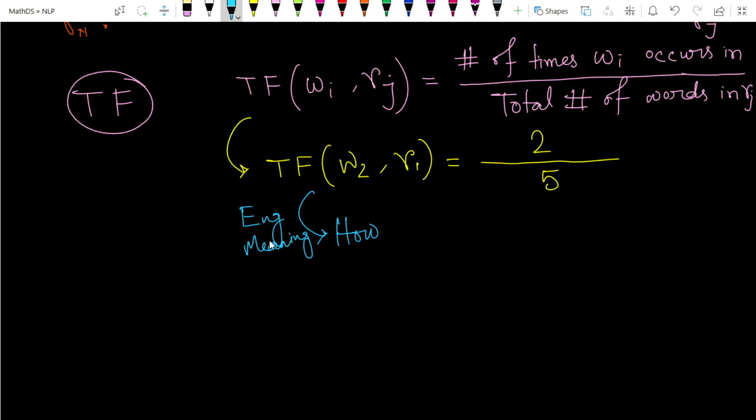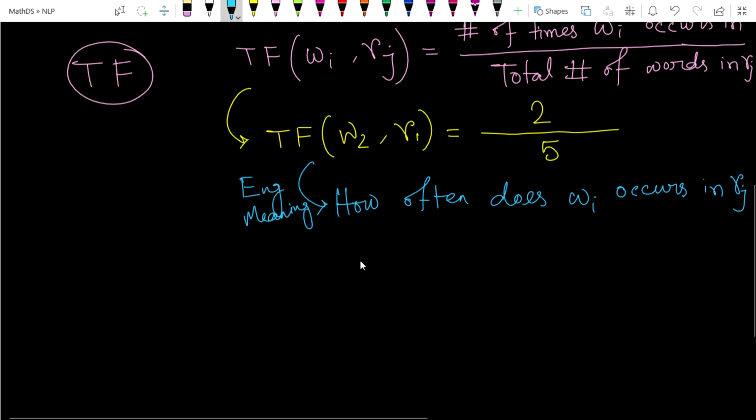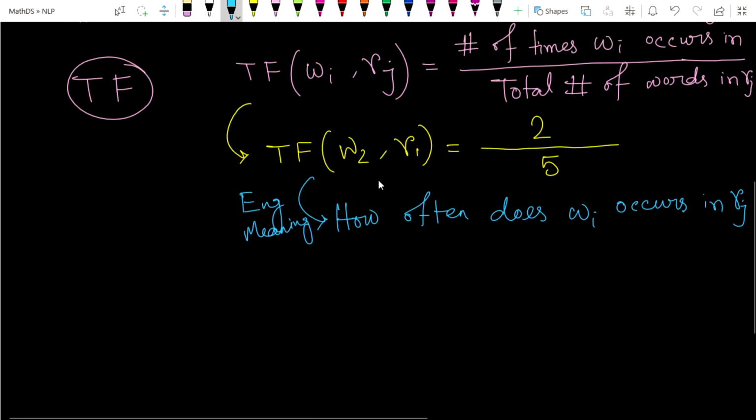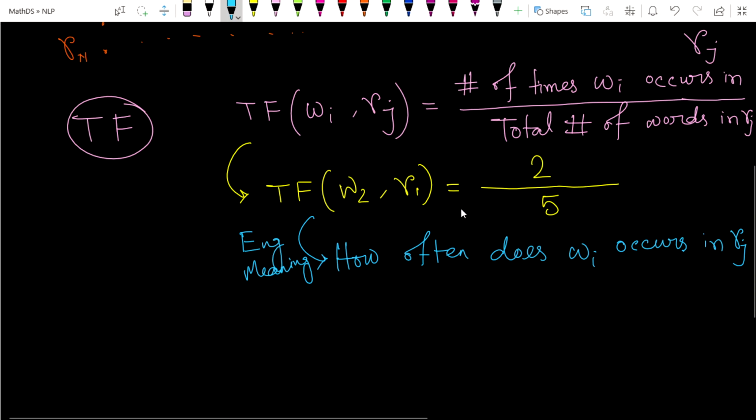If literally thinking about the concept of TF, its literal meaning is how often does this word wi occur in the review J. That's the meaning. And it is not possible for this TF value to be greater than 1, because of the maximum.